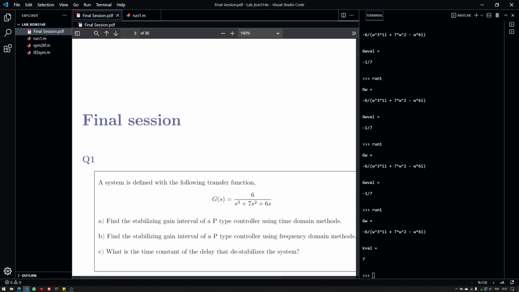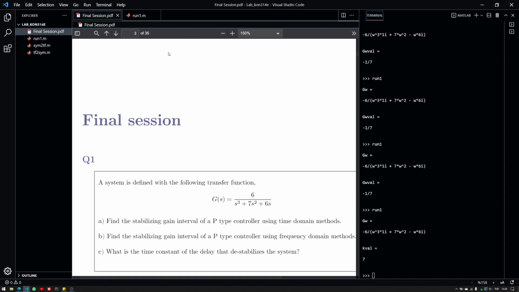Now, in order to analyze this part, let's first use the Bode method itself. So let's plot the Bode plot and then look for the information that would be necessary.